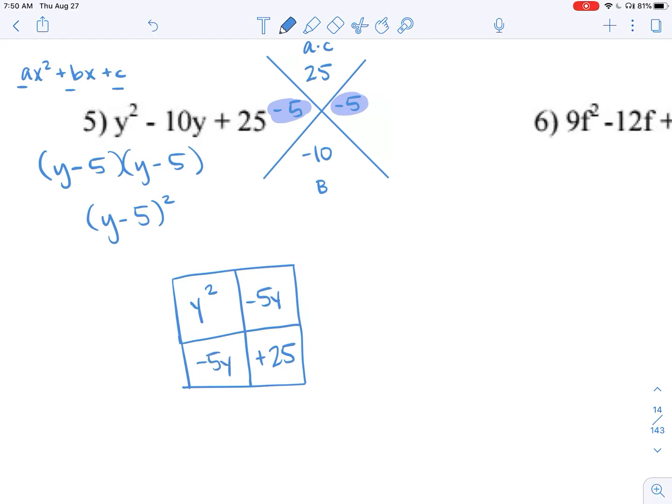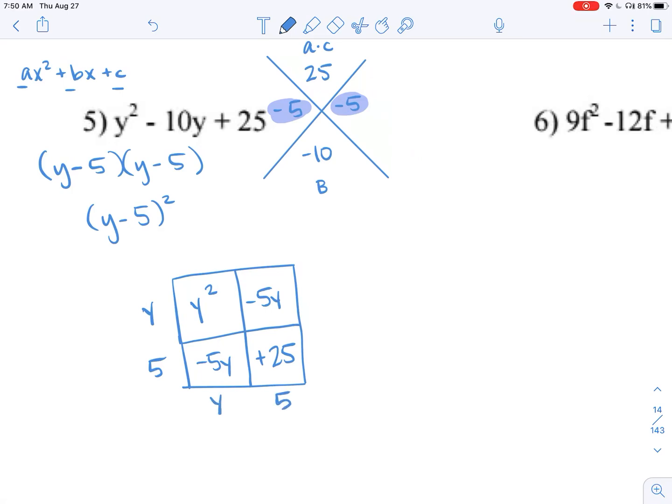We're going to look left and look down. The GCF of y squared and 5y is just a y. Negative 5y and 25 is going to be a 5. We'll worry about signs here in a minute. Y squared and negative 5 is y, and here again we have a 5.